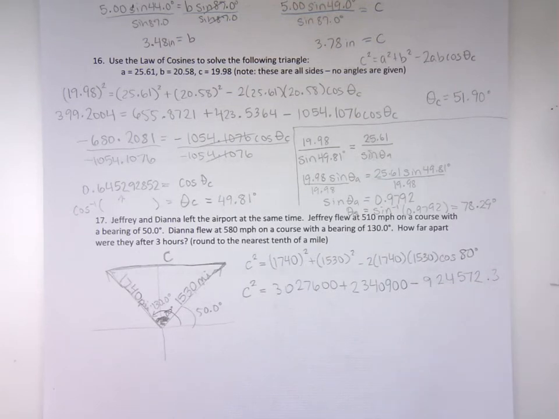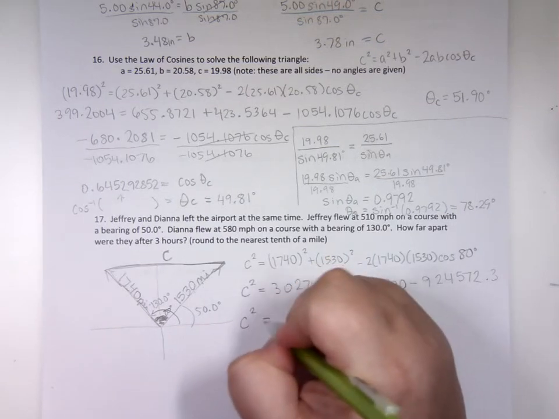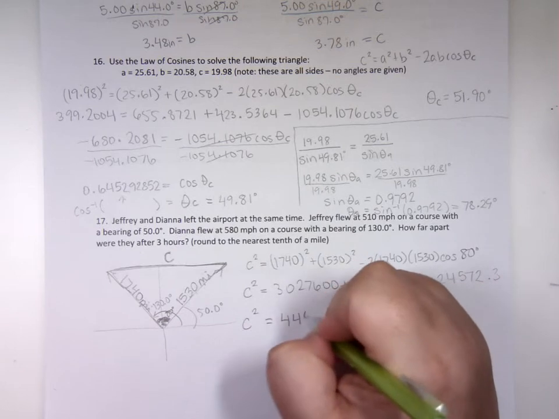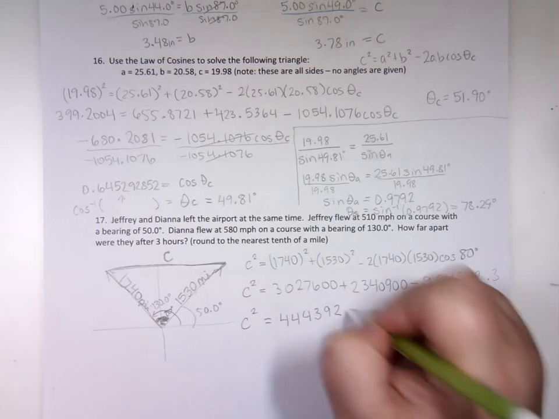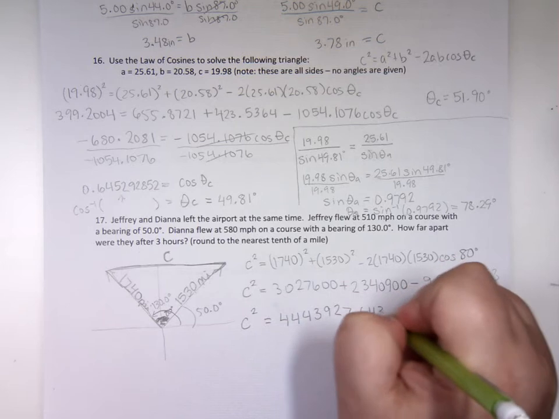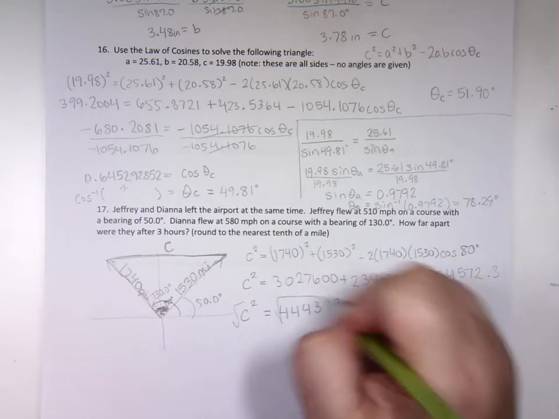So in the long run, those decimals aren't going to matter because these numbers are so massive. So let's see what we've got here. So C squared is equal to 4443927.643. Take the square root of both sides.